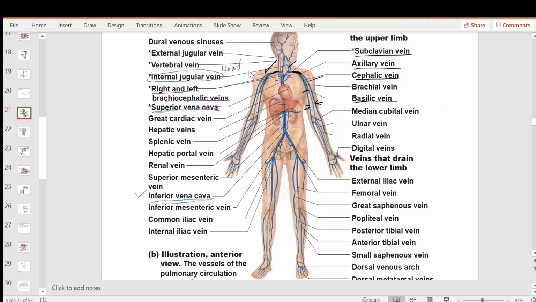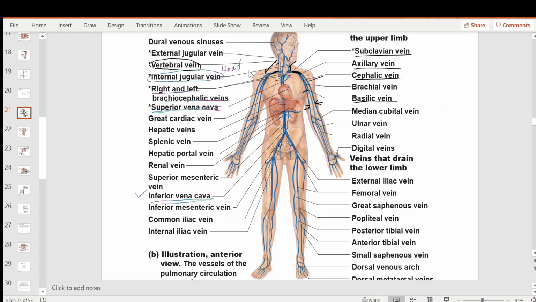Now before subclavian becomes axillary, there is an important vein that gives blood to the subclavian. This one is called the vertebral vein. Here you can see on this side, this one is the vertebral vein. It gives blood to the subclavian vein. It also brings blood from the brain.